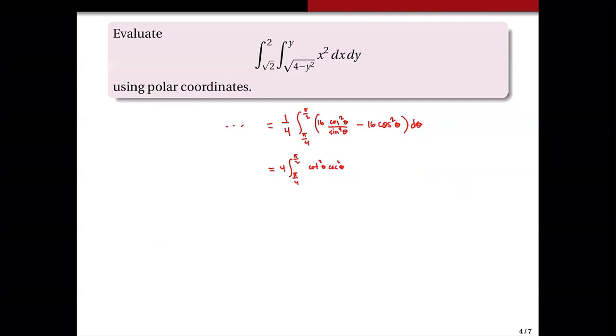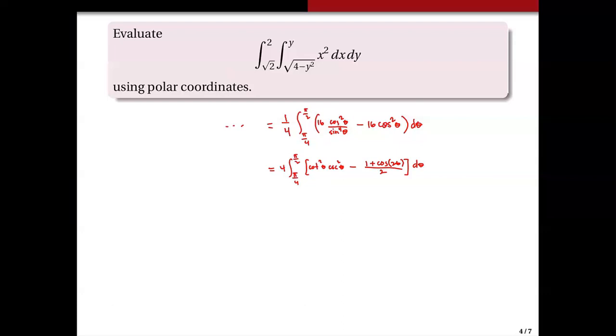So do not be intimidated by this guy here. If you look at this, this is easily integrable. Simple u substitution. Whereas for this cosine squared theta, we write that as 1 plus cosine 2 theta divided by 2, and then d theta. Right?